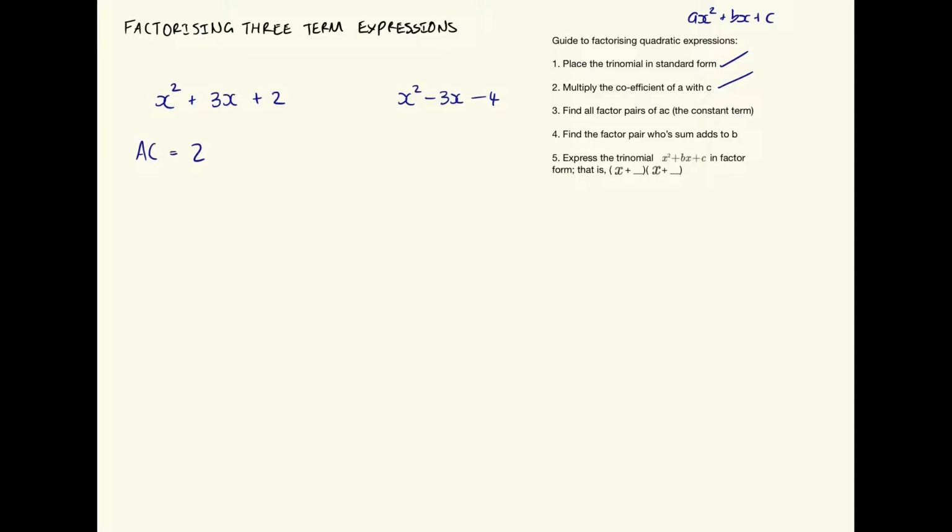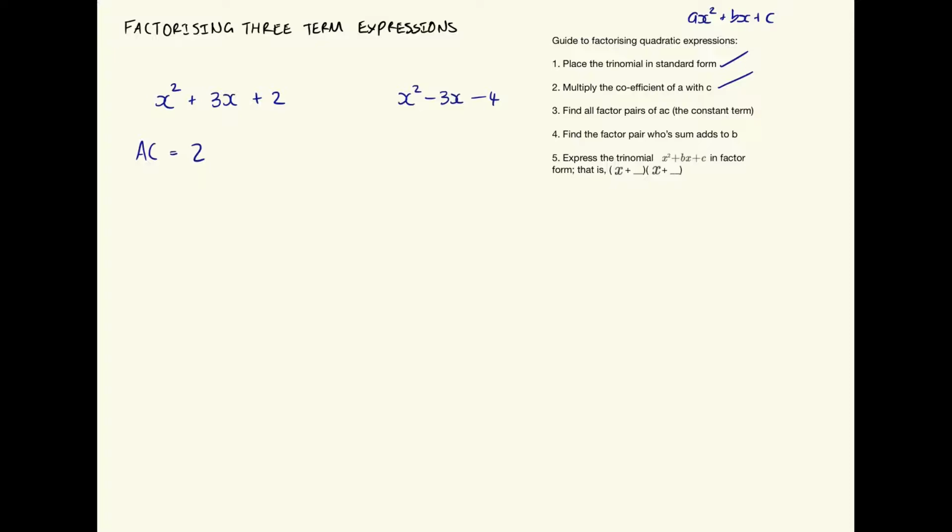Step 3, find all factor pairs of AC. That's just looking at what numbers multiply to make 2. Let's write out all the options.